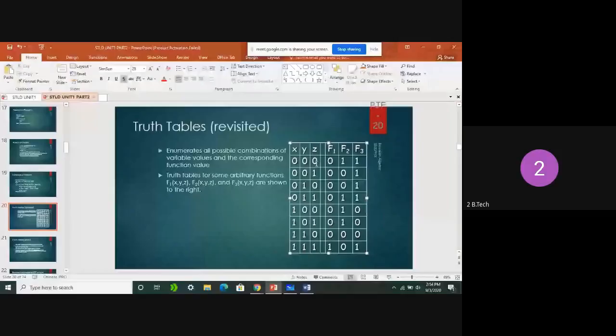See, in the second combination, what is here? x is 0, in the sense we can take it as x bar, and y is 1, so we can take it as y, and z is 1, we can take it as z. So in this combination also y equals 1.